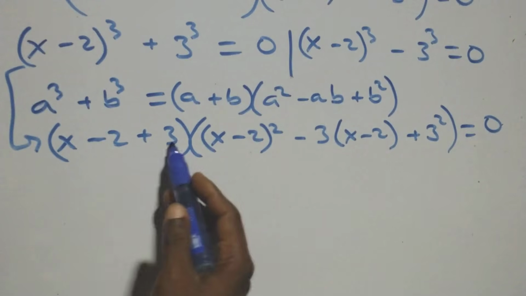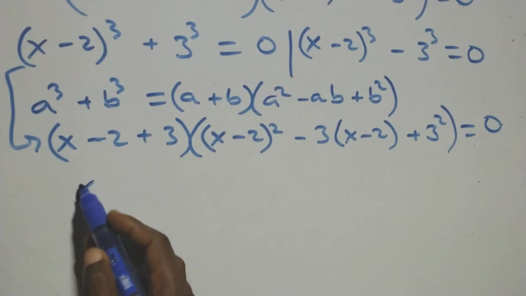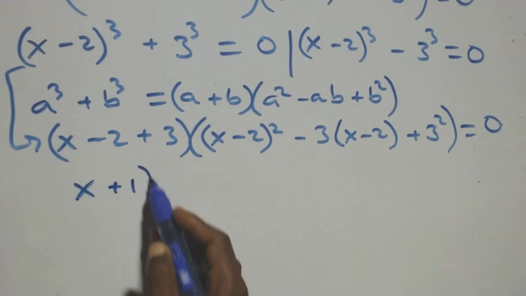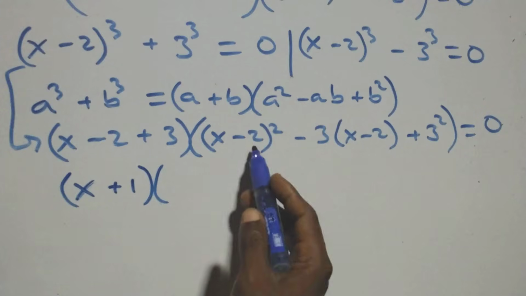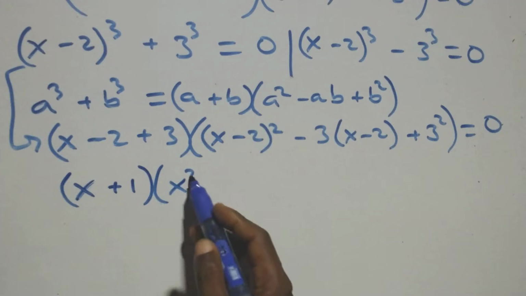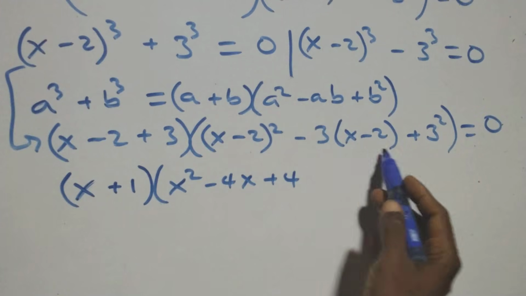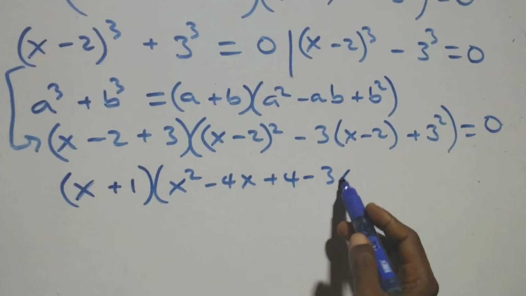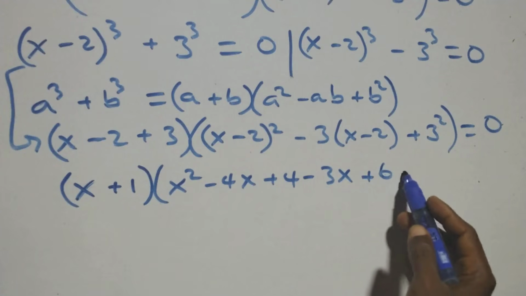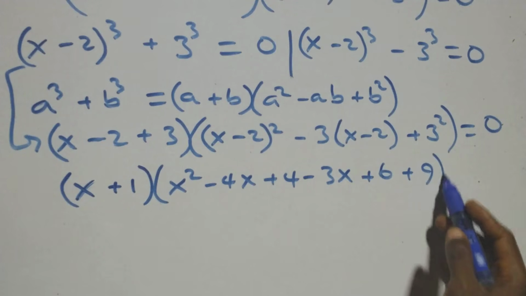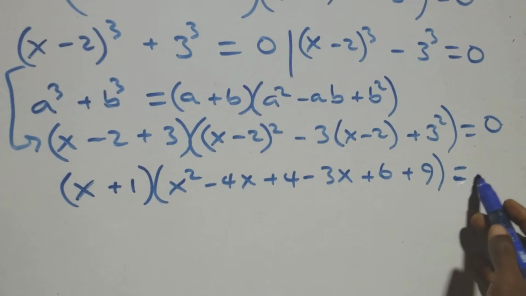And here minus 2 plus 3, that's plus 1, so (x plus 1) into brackets. The expansion here gives us x square minus 4x plus 4 minus 3 (minus 3x plus 6) and plus 9 equals 0.